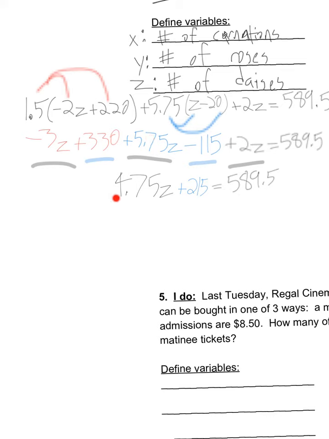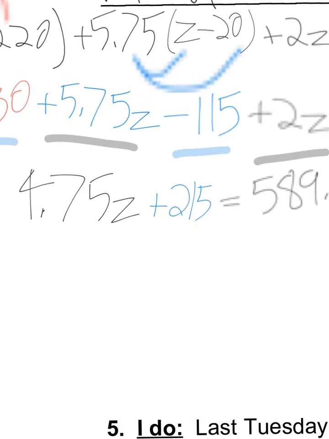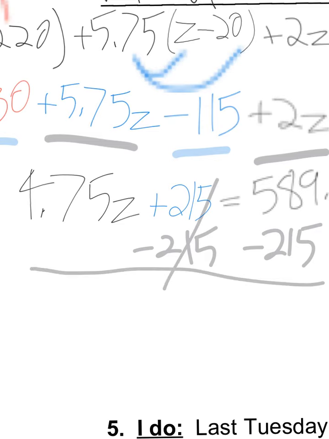Sorry, plus 2 is 4.75. And then 330 minus 115 is 215. So that means I have to minus 215 over. And then 589.5 minus 215 is 374.5. Bring down the 4.75z.